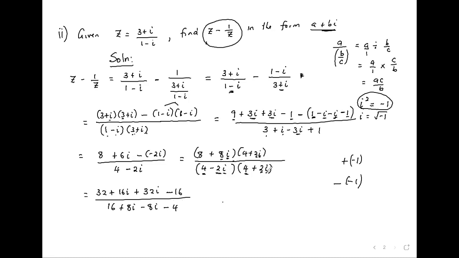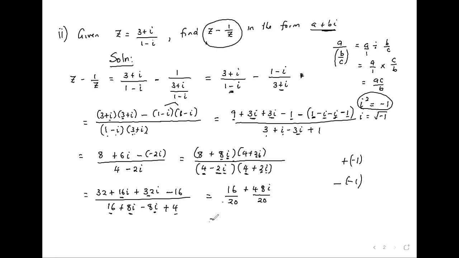So -1 times -4, this becomes positive. And then now you have 32 minus 16, that is 16. 16 plus 32, that's 48i. 8 minus 8, that's 0. 16 plus 4, that's 20. So I'm putting 20 here and also 20 here.